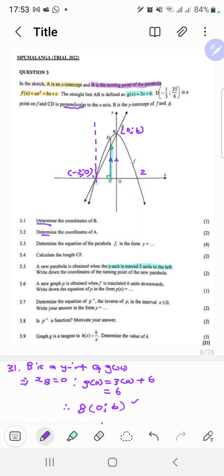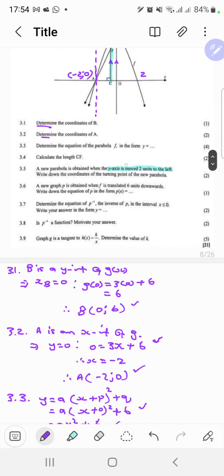Every other point is going to shift to the right 2 units, and that means our turning point is going to move to this new position. Maybe we can call it B prime. Now it's going to be -2 and 6, because this is the same as a horizontal translation to the left, né? Because every other point on this graph is going to translate 2 units to the left. So this is basically what they're trying to say, but they have very different ways of trying to trick you.